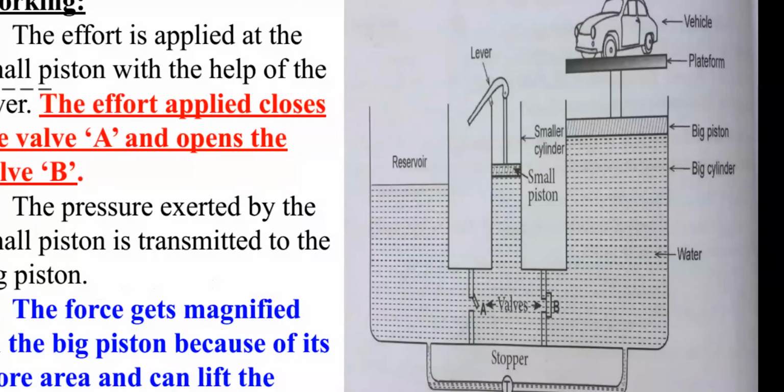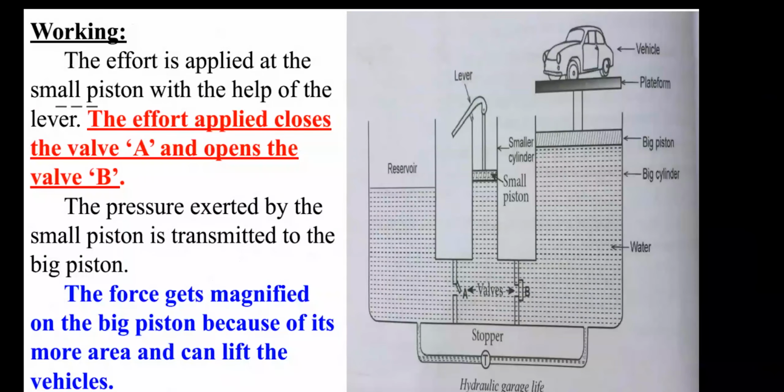When the device is set for lifting heavy vehicles in a garage or service station, first, force is applied on the small cylinder, or small piston. You can see that the small piston is connected with a lever. When the lever is moved, force is exerted on the small piston, which makes the small piston move inward.